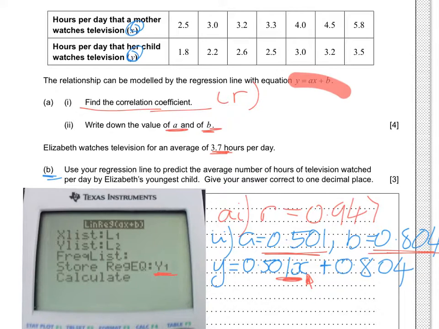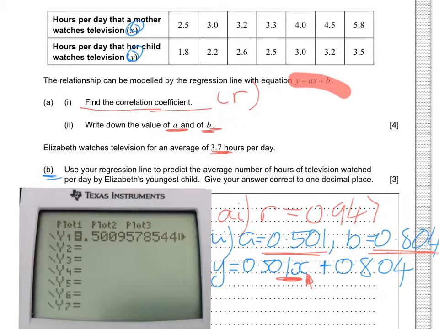If you press store regression equation there, then what that does is it saves the equation in your graph menu. So you can bring the graph menu up, and you can't see most of it, but hidden in here, underneath, if you scroll across, you'll see the whole AX plus B equation.